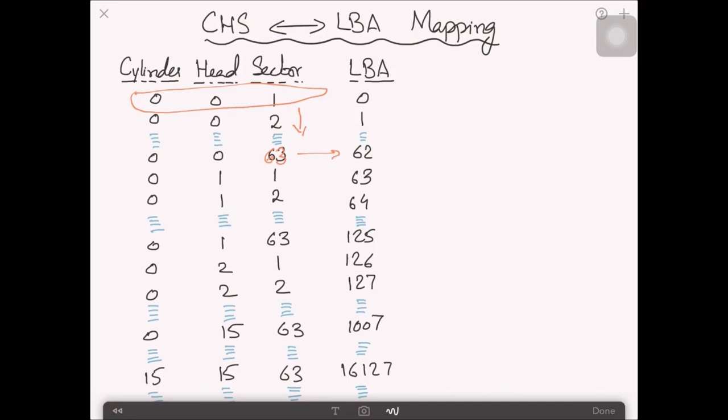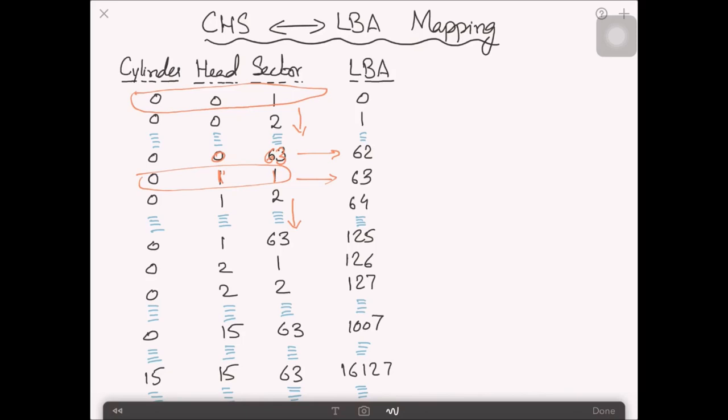After that, the head changes from 0 to 1, the cylinder doesn't change, and this value is mapped to LBA 63. And this procedure continues.